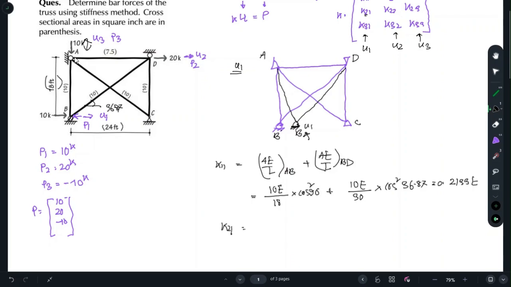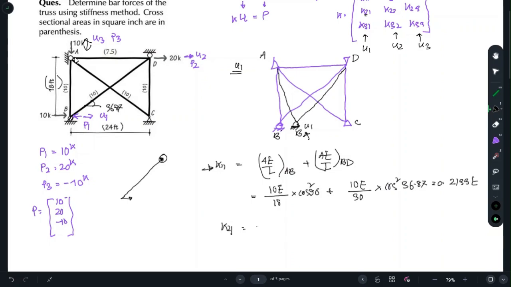The thing is that if you have a frame like this, and you have a displacement right over here, and you want to find out stiffness at the point here, that would be just the same value as K11, but with reversed sign.